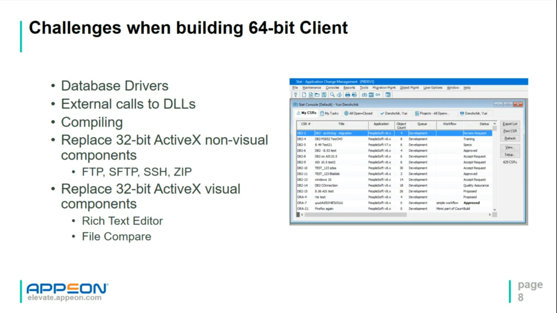I tried to find a 64-bit RichTextEditor and called the TXText company, but they said that they don't have it. Appeon provides a 64-bit RichTextEditor, but unfortunately it doesn't work with HTML content. Our requirement was to use HTML content.